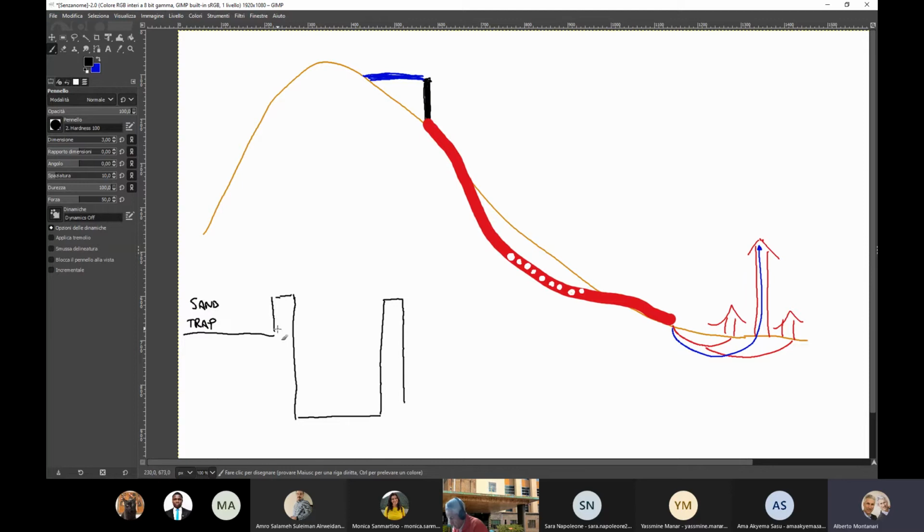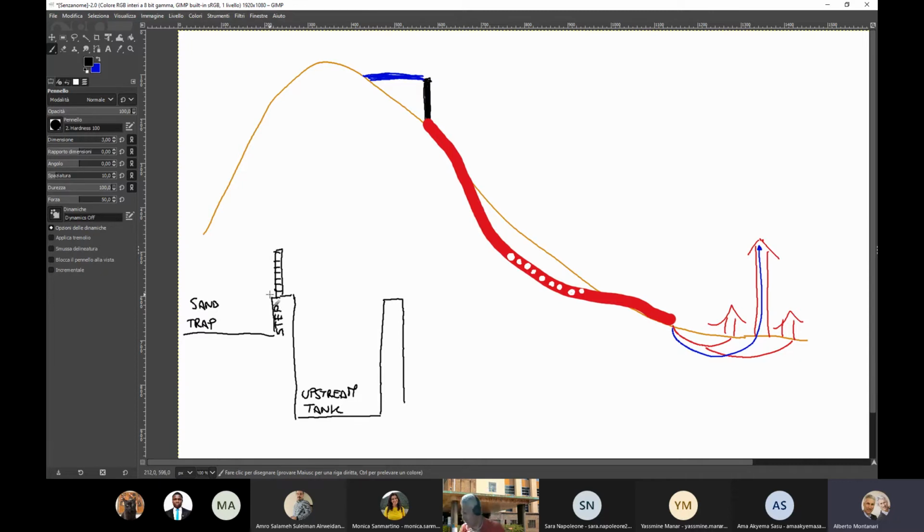This is the step, which separates the sand trap from the upstream tank. You may place a grid here. The grid is conceived to prevent floating material from getting into the upstream tank.